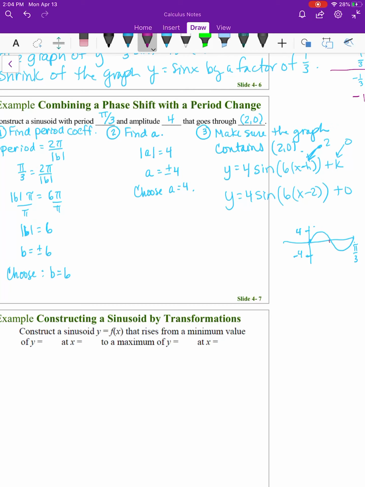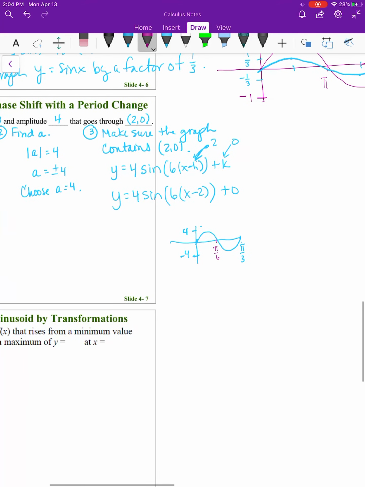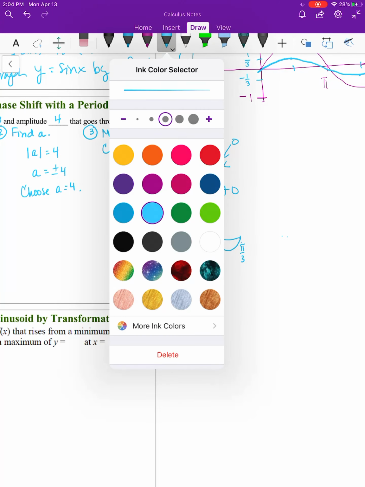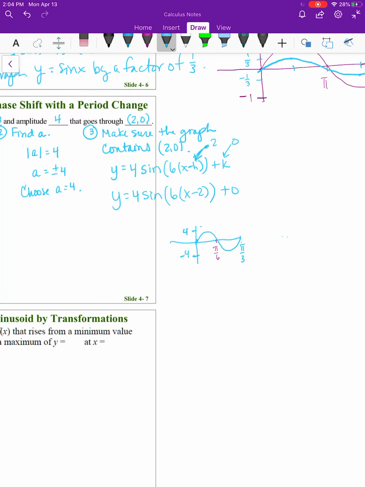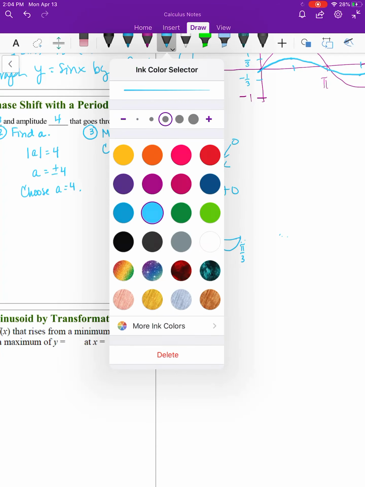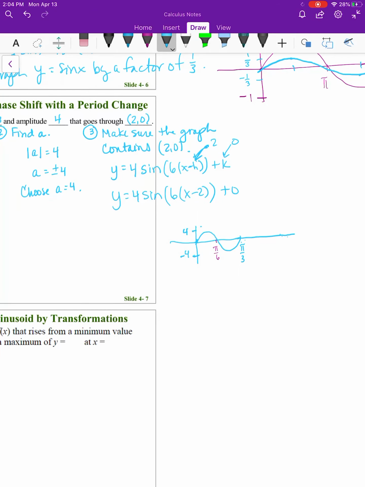So if I just shifted it over to, I don't know, this is going to be pi over 6, which is like a half. If I shifted it 2, I would be way down here with radians, if we were actually looking at our radians here.